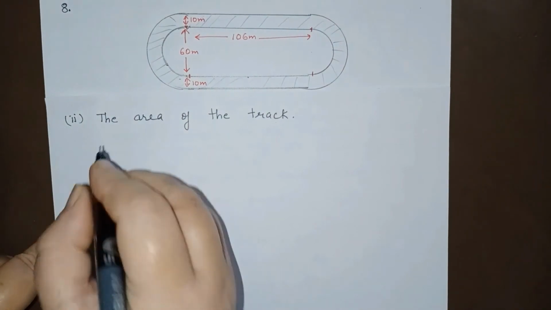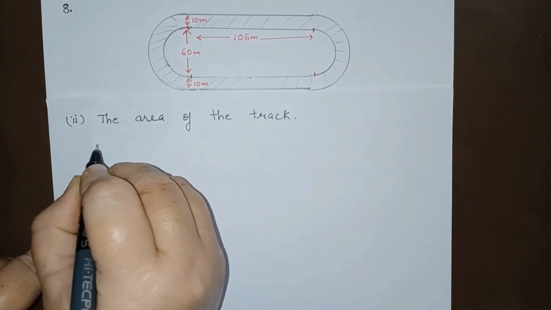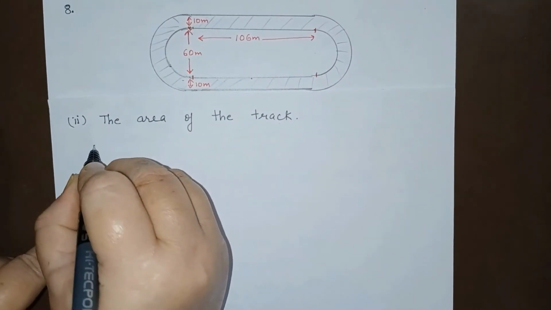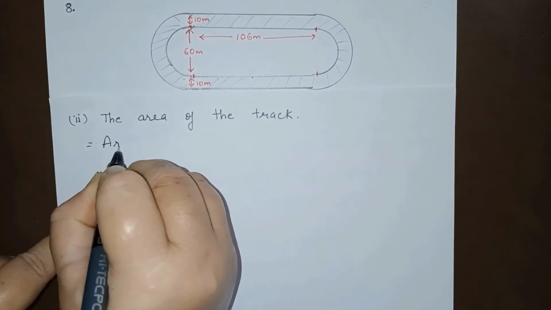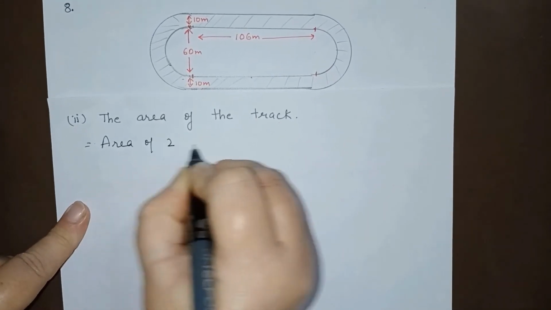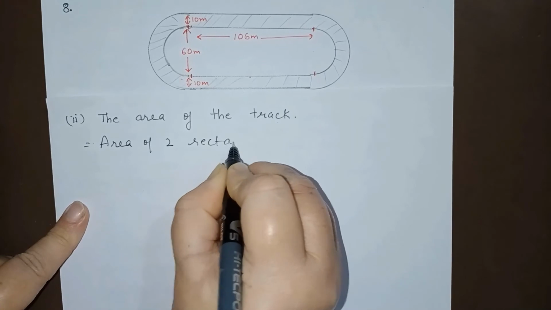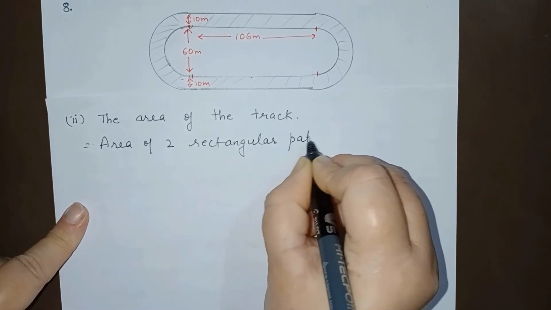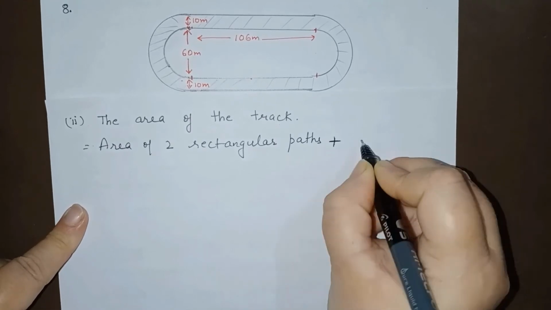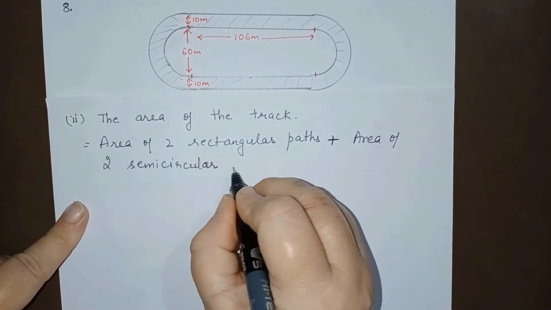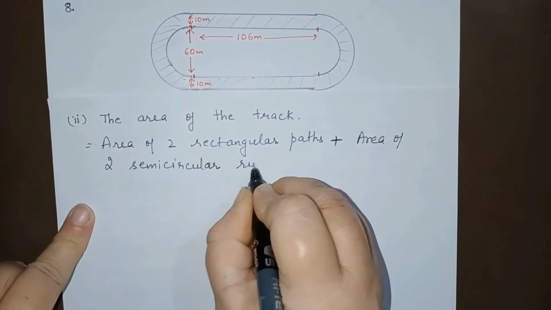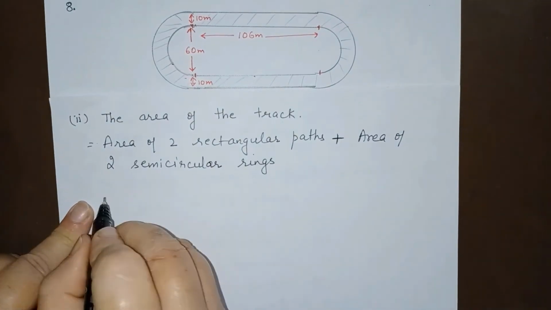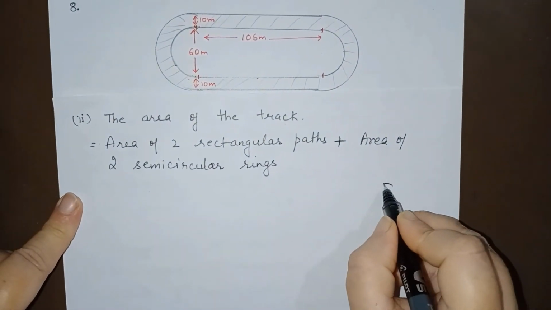Now we will write area of the track is given by area of two rectangular paths plus area of two semicircular rings. Now, what are semicircular rings?